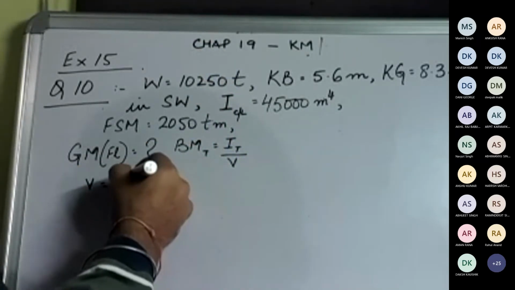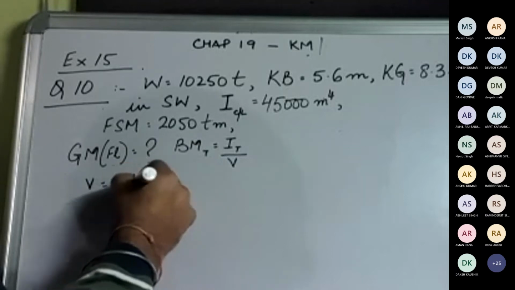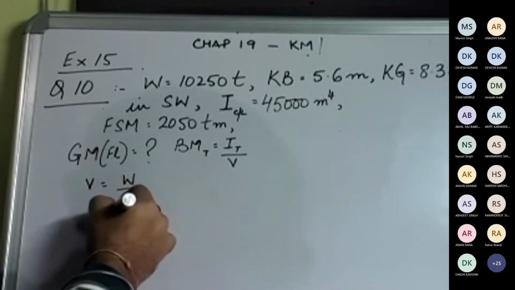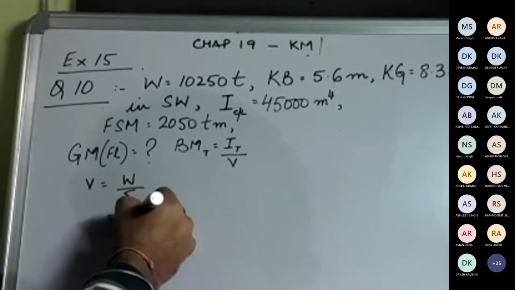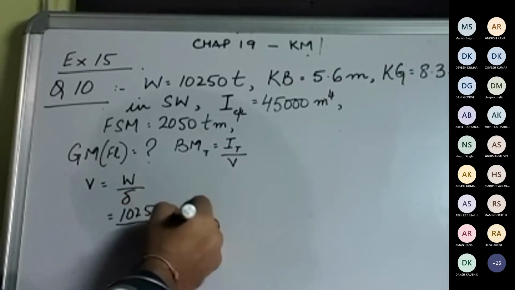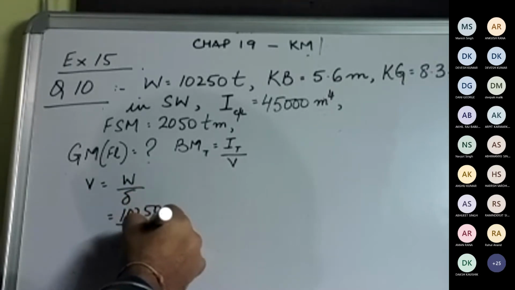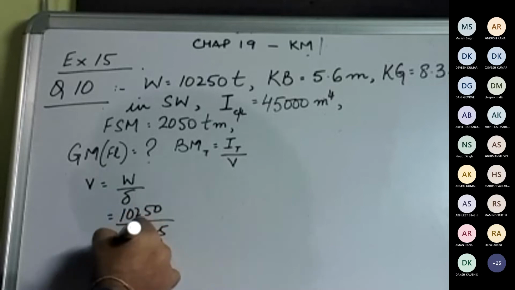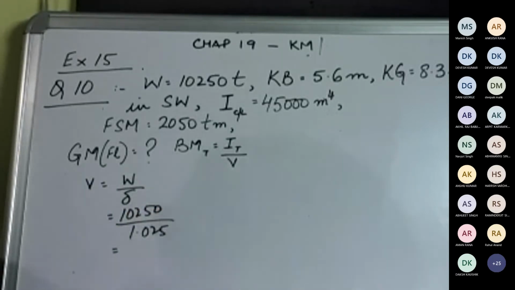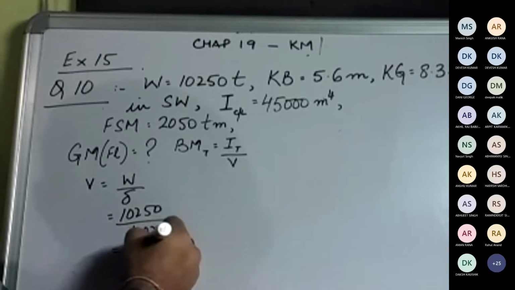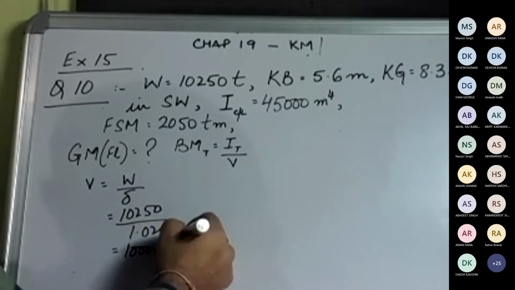V will be equal to W by density. 10250 divided by 1.025. How much is the V? 10,000. So many cubes.